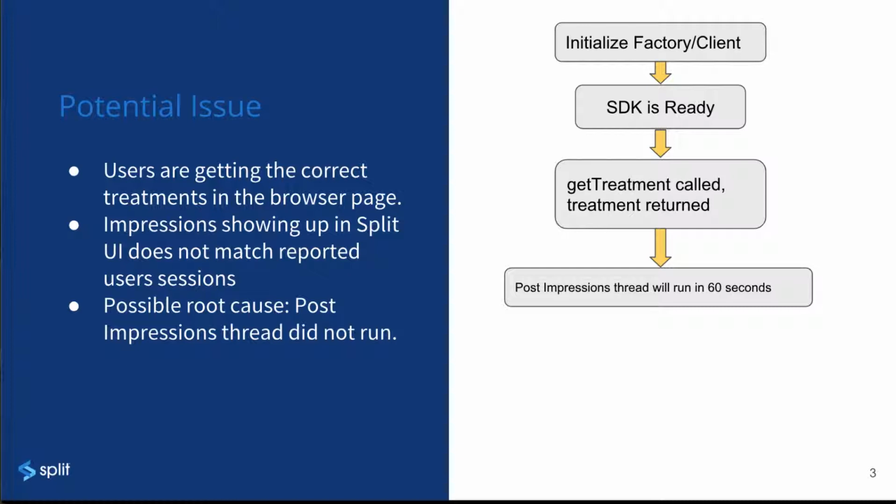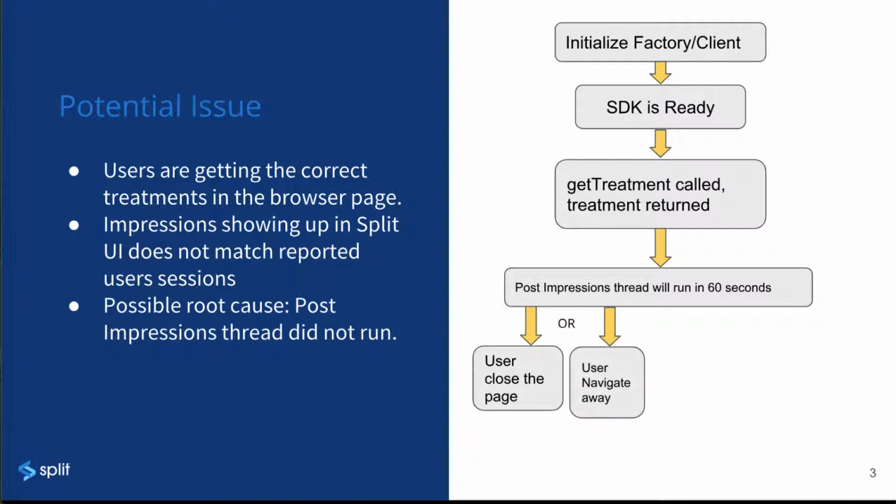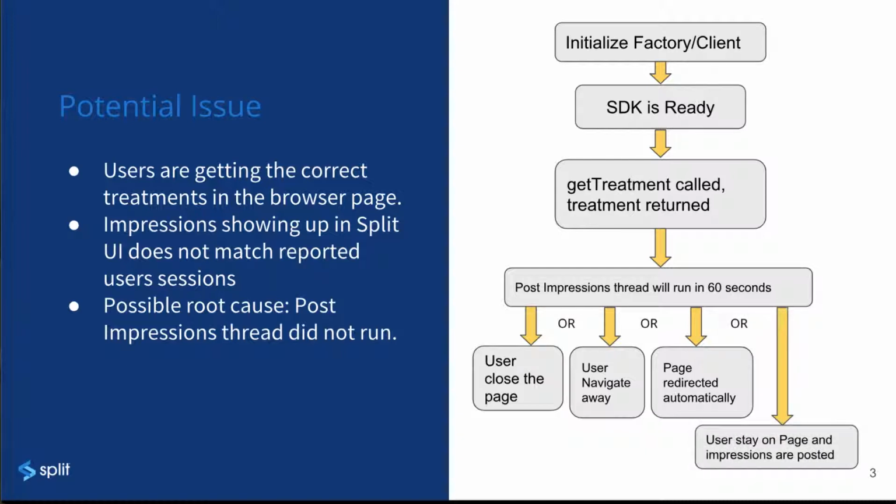Now, there are many possible actions that the user might take before the post impression thread starts, which is user closes the page, or user navigates away to a different domain, or the page itself redirects automatically, either via JavaScript or via HTML, or the user basically stays in the page and the post impression thread kicks in and sends the impressions correctly.